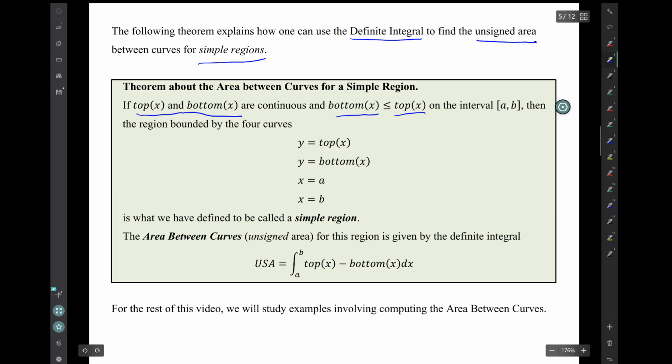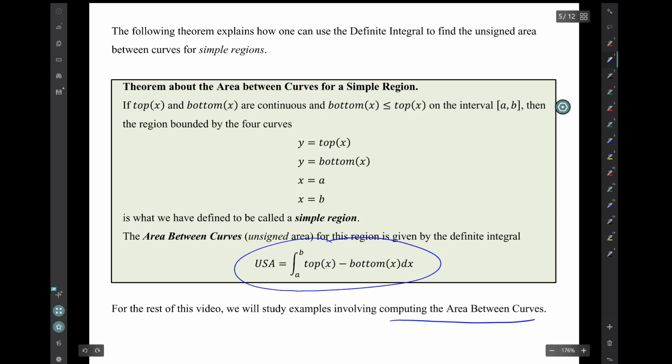And the area between curves, that is the unsigned area for this region, is given by this definite integral. You integrate the integrand top of x minus bottom of x from a to b. And again, that gives the unsigned area. For the rest of this video, we'll study examples involving computing the area between curves using that theorem.